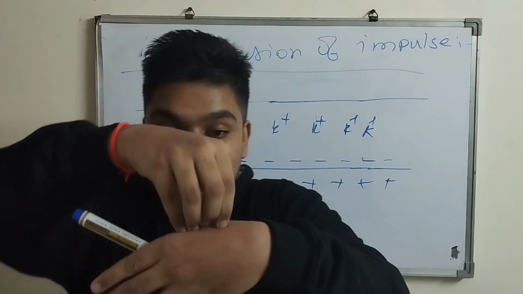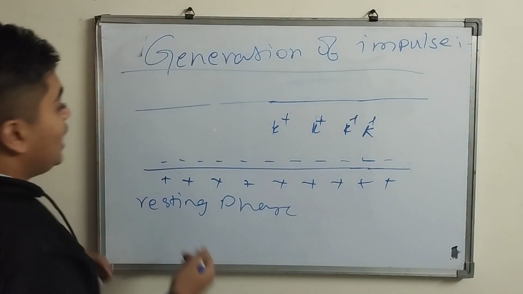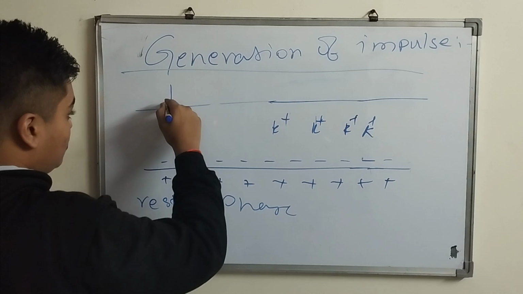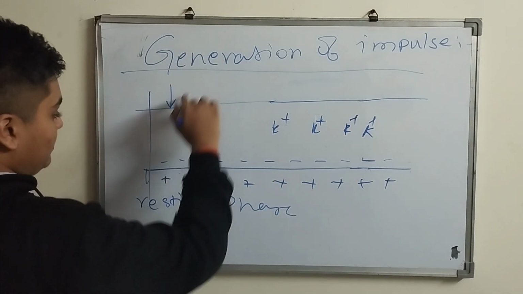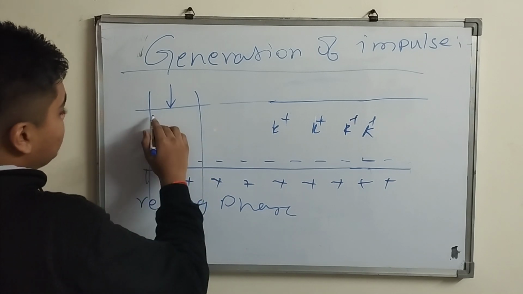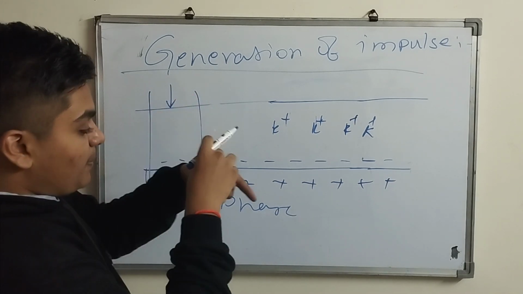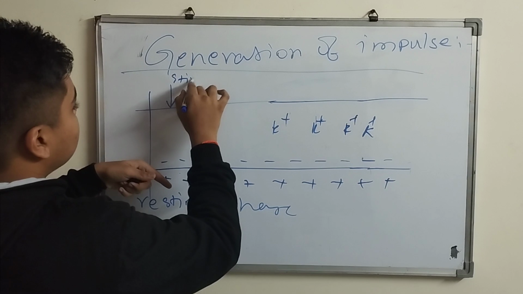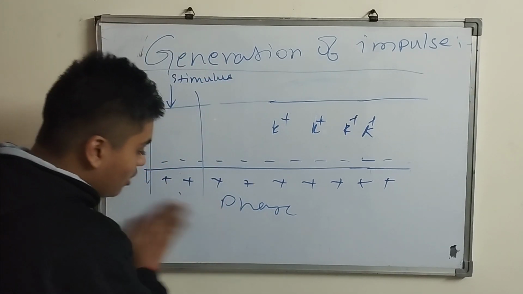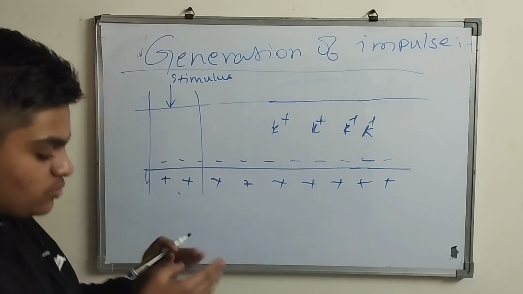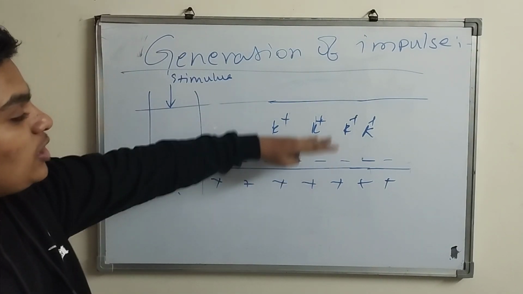Because whenever a stimulus of pinch is applied at this side, say I am applying a stimulus, and this side, according to NCERT, is your A side. Now whenever the stimulus is applied here, the scenario reverses. Now this is not a resting phase.